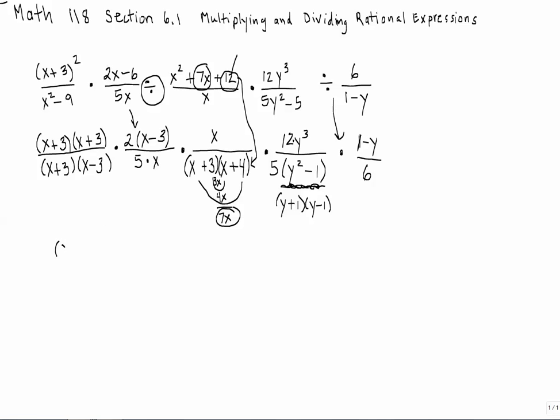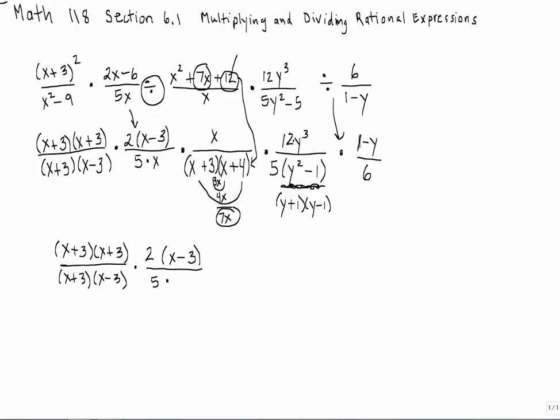So let me write this whole thing down again. X plus 3, x plus 3 over x plus 3, x minus 3, times 2. That's just a single 2. He's hanging out there all by himself. See how he doesn't belong to any of these quantities, any of these nice little blobs?